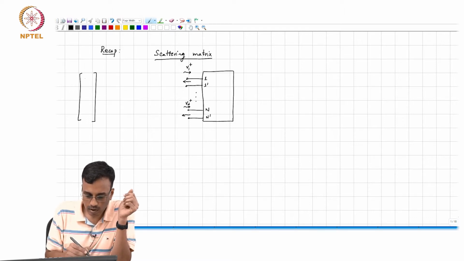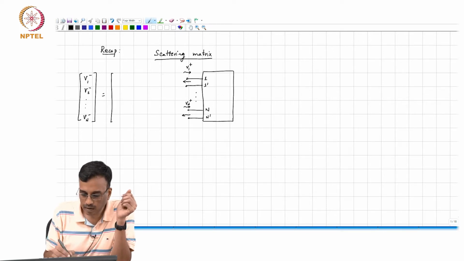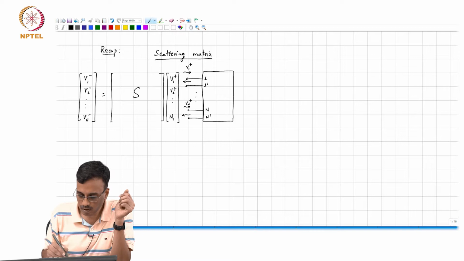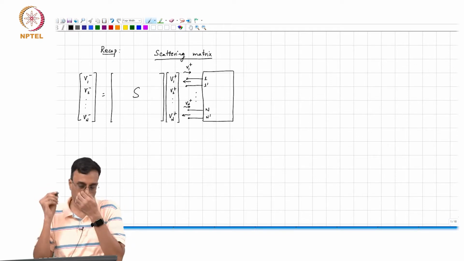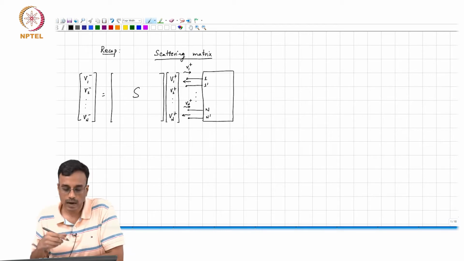So, that is V1 minus, V2 minus, and so on up to Vn minus, is the scattering matrix times the incident waves, V1 plus, V2 plus, up to Vn plus, all right.